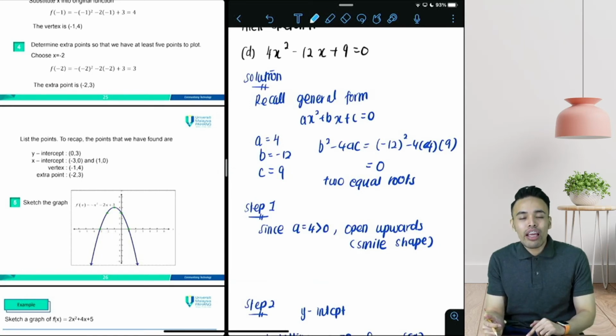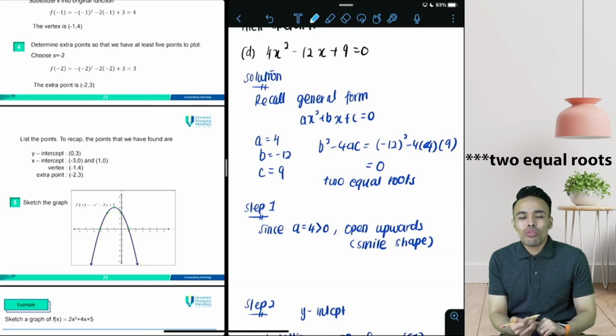In this case, a is equal to 4, b is equal to negative 12, and c is equal to 9. Then substitute into the formula: b squared minus 4ac is negative 12 squared minus 4 times 4 times 9, so you will get 0. By referring to the explanation earlier, when b squared minus 4ac is equal to 0, you can conclude that the quadratic equation will produce two equal roots.